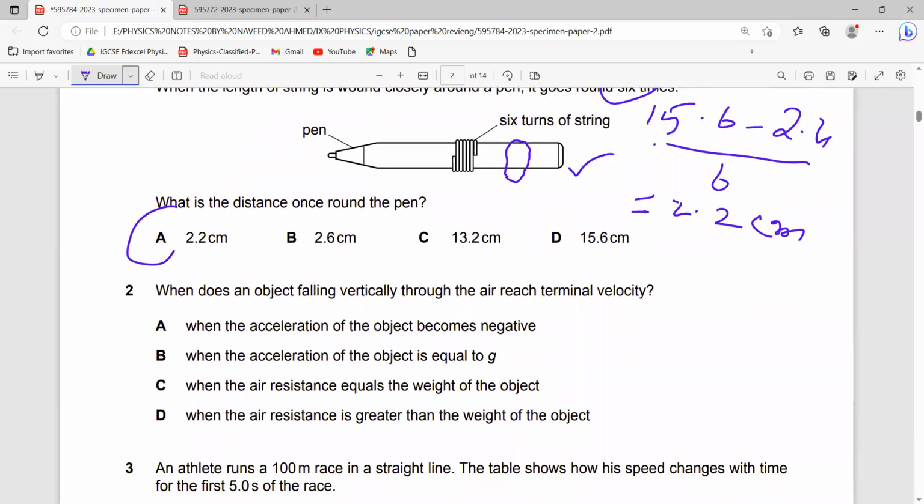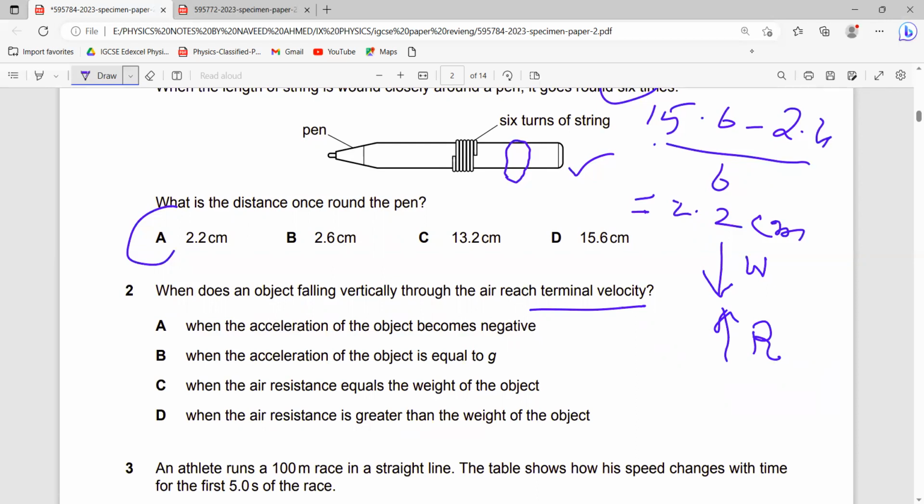In the second question, when does an object falling vertically through the air reach terminal velocity? As you know, terminal velocity is a constant velocity at which the air resistance, which is acting upward, is equal to the weight. So we have to choose the right option here. When the acceleration of the object becomes negative?